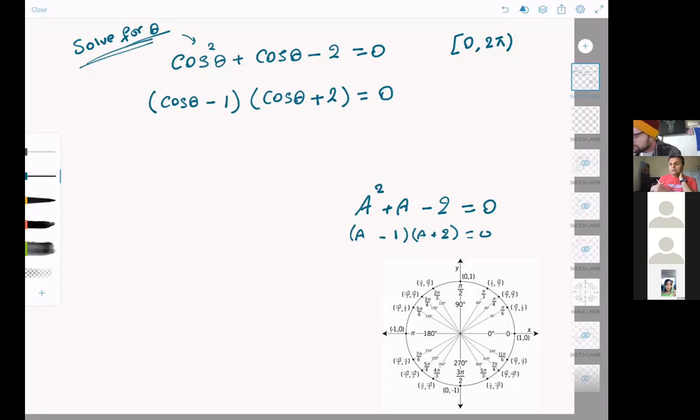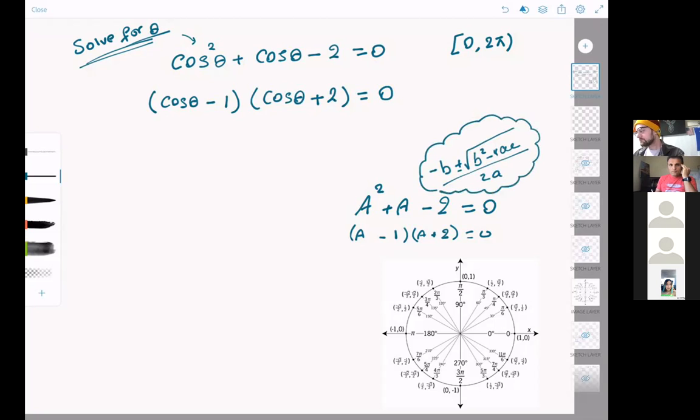If we are not able to factor it, you will use negative b plus minus radical b squared minus 4ac divided by 2a. Quadratic formula. So we factored it.